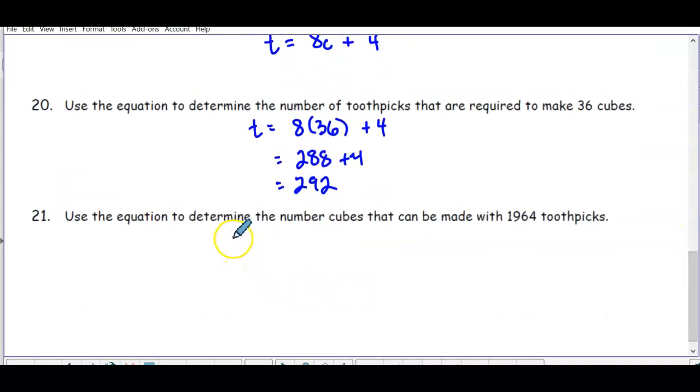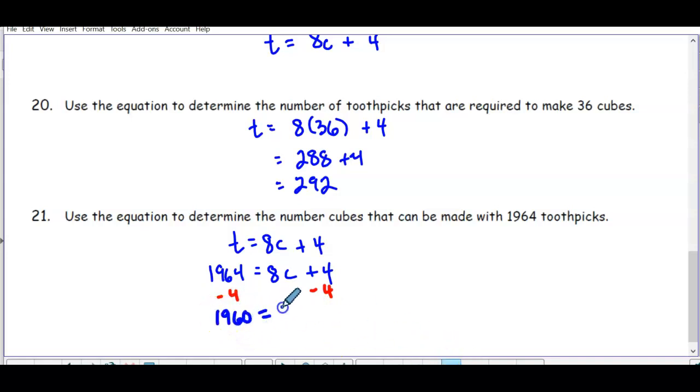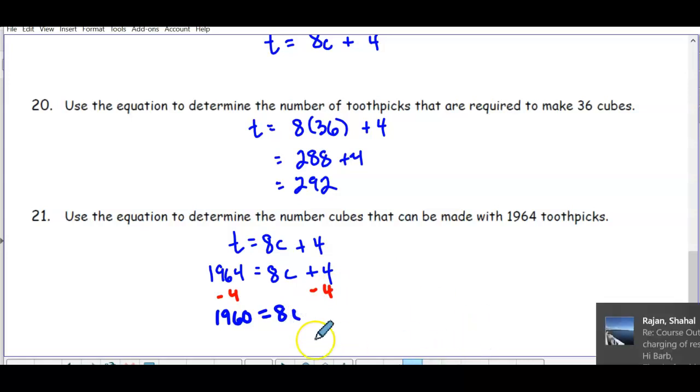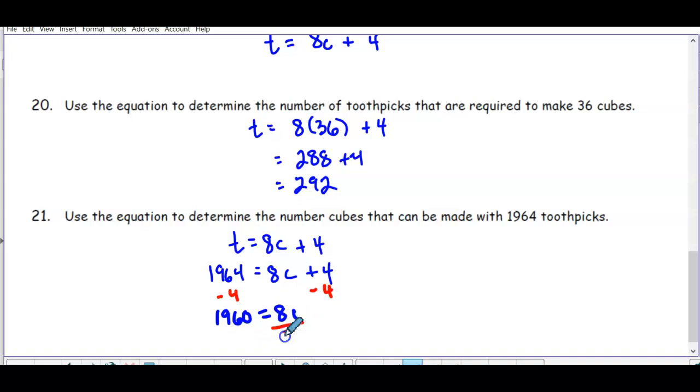And then number of cubes, okay, I'm going to copy out the equation. And I'm going to substitute in the number of toothpicks. Then I'm going to subtract 4 from both sides. And then divide by 8.